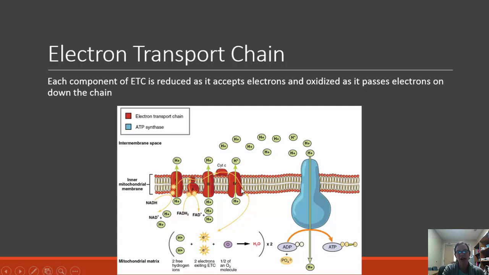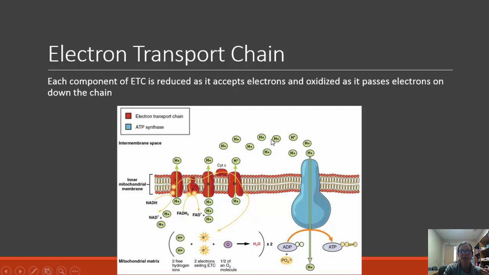And this passing down of electrons is kind of a downhill reaction. And what that downhill reaction is going to do is power these hydrogen ions in the membrane and power them through these different parts of the electron transport chain and make this concentration gradient of hydrogen ions in the intermembrane space.